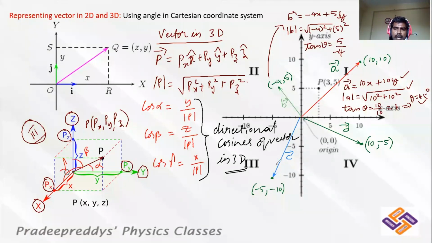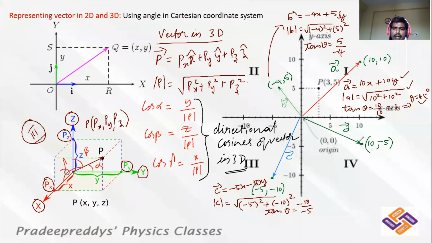Next, coming to C bar. C bar can be represented as -5x minus 10y. And what about its magnitude? The magnitude of C is equal to the square root of (-5) squared plus (-10) squared. What about tan theta? Tan theta is equal to the y component, -10, over the x component, -5.